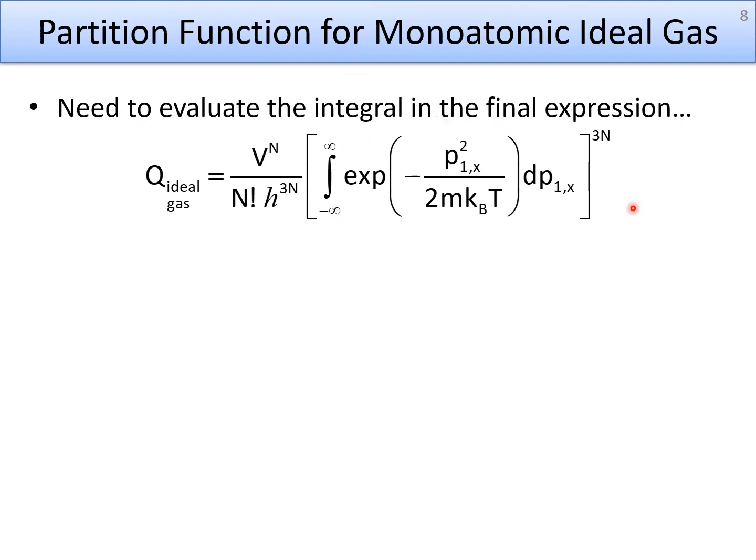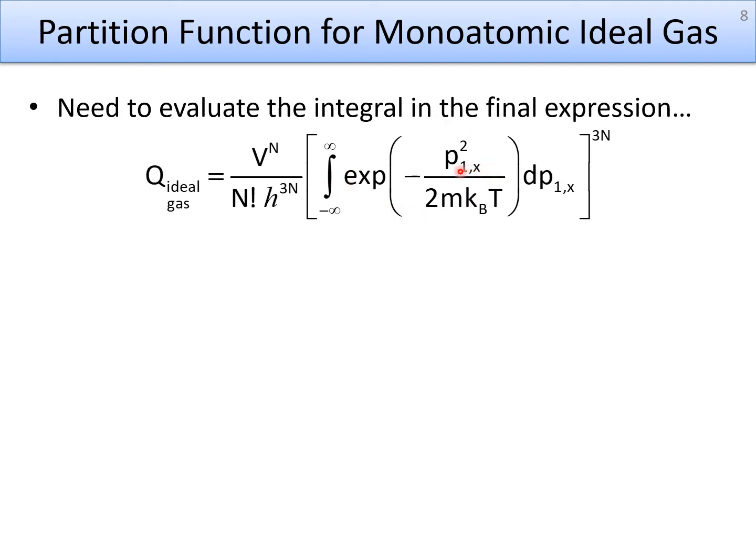Now we need to evaluate the integral in the final expression. So this is this integral here, and we know that the momentum can go from minus infinity to infinity. Of course, for very large absolute values of the momentum, there is a very low probability that we will find such a speedy particle, but this is fine. It will be taken care of by this exponential expression.